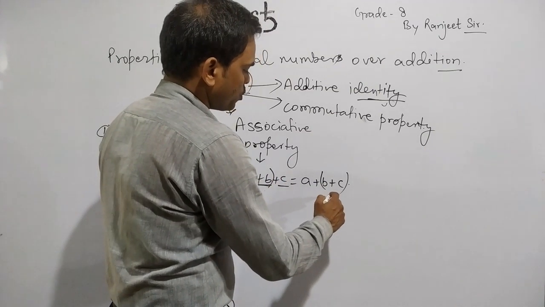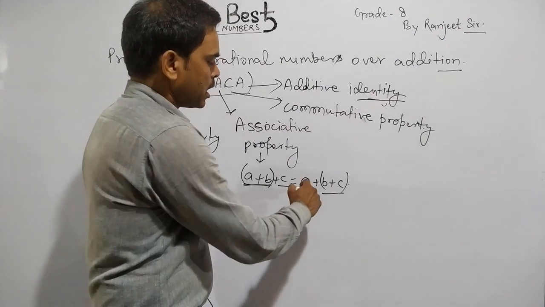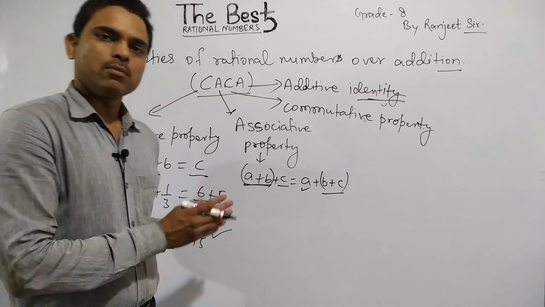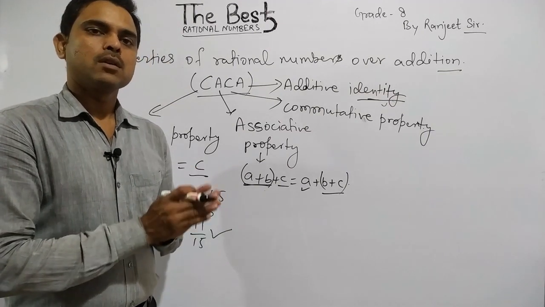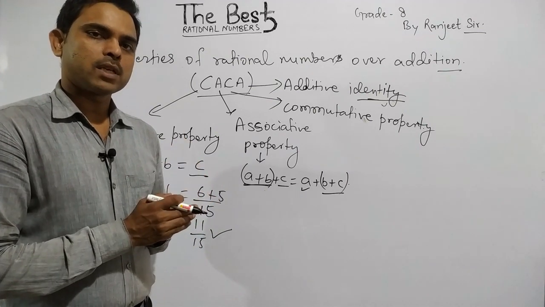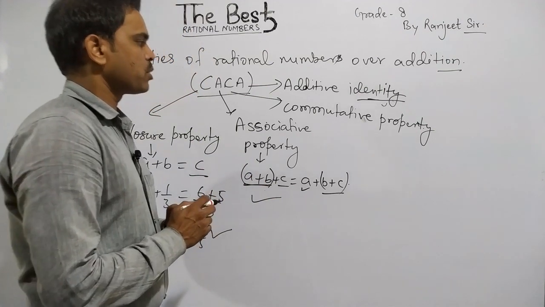On this side, first I add b and c together, and the result I add with a. Whatever you find on both sides, you will get the same rational number, and of course it will be a rational number only. So this is called associative property.